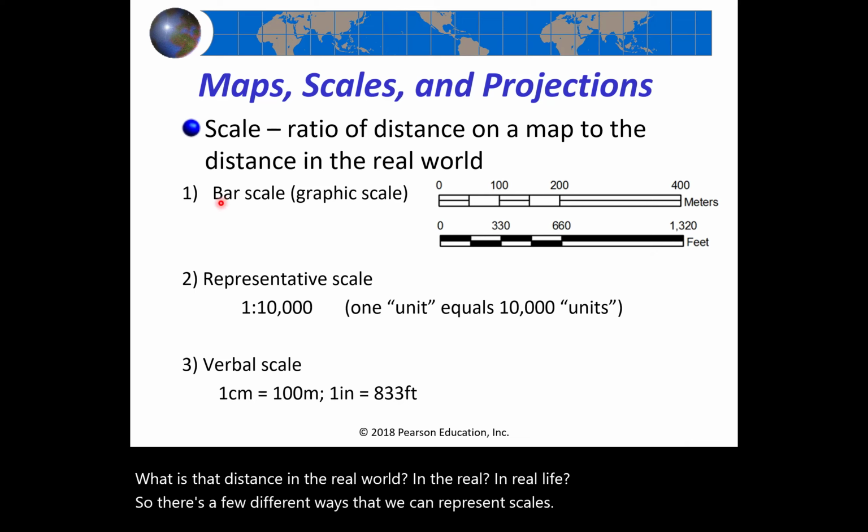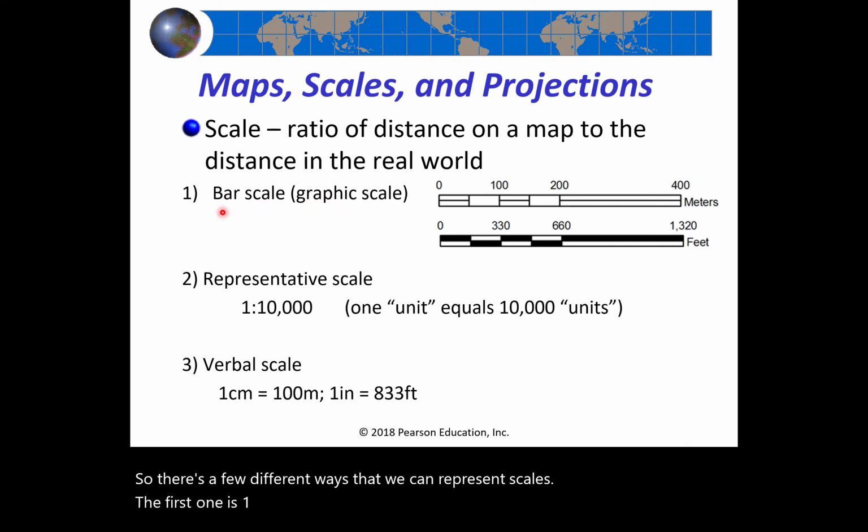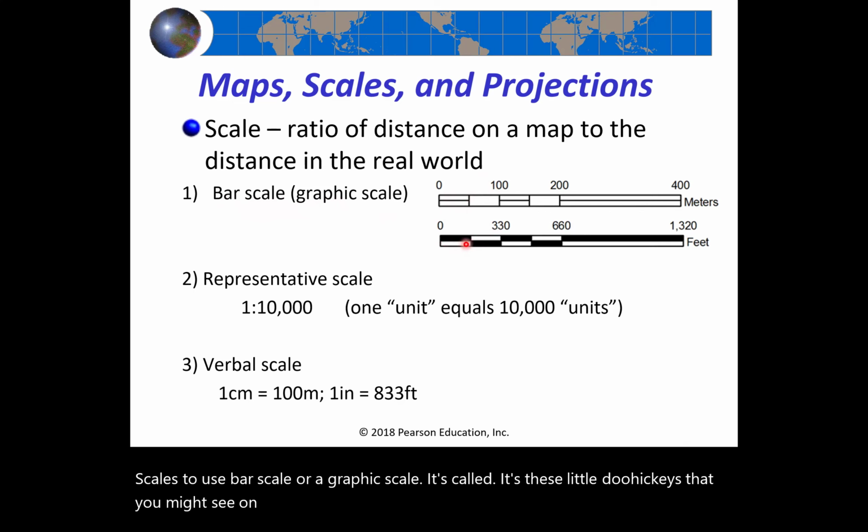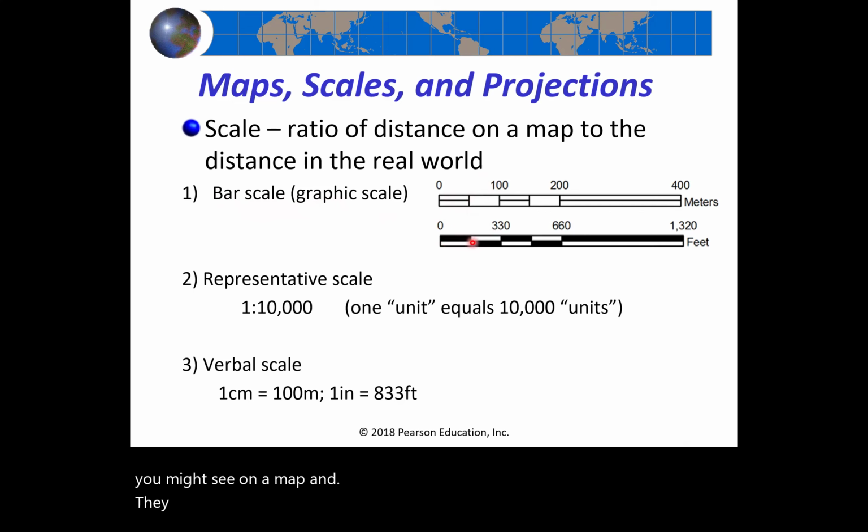The first one, one of the easier scales to use, is the bar scale, or a graphic scale, it's called. It's these little doohickeys that you might see on a map, and they are literally showing you a distance, whatever distance that might measure on a ruler, like maybe a centimeter.